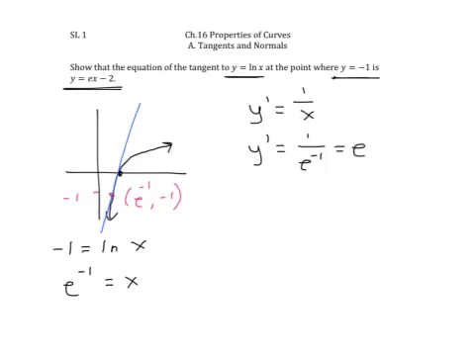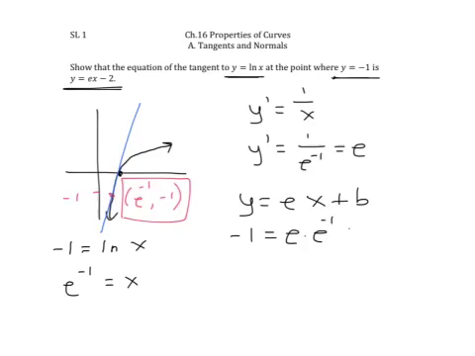So now we can finally find the equation of the tangent. y is equal to ex plus b, and we know our x and y, so let's just plug it in. -1 equals e times e to the -1 plus b. We know this e has a power of 1, so when you have the same base, you add the exponents, so we get e to the 0 power plus b equals -1.